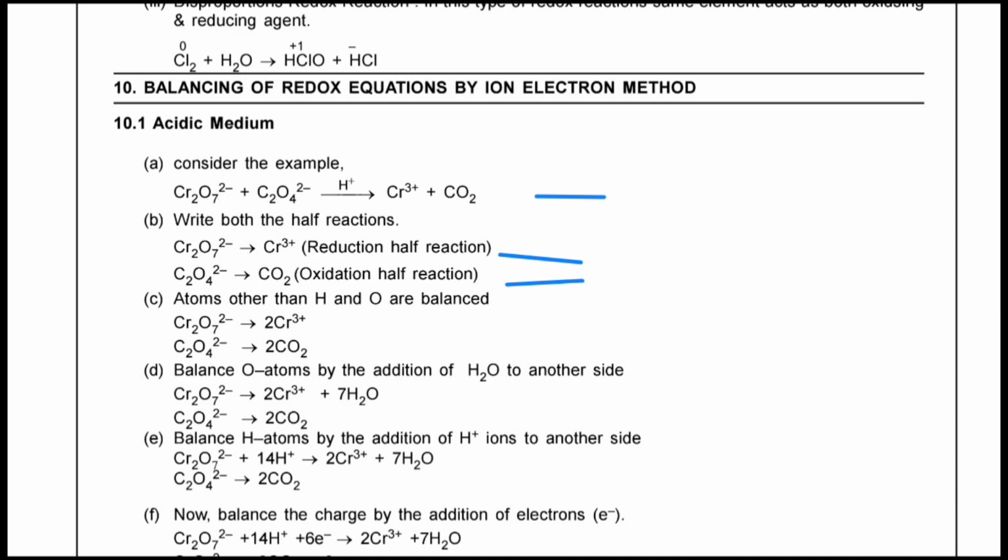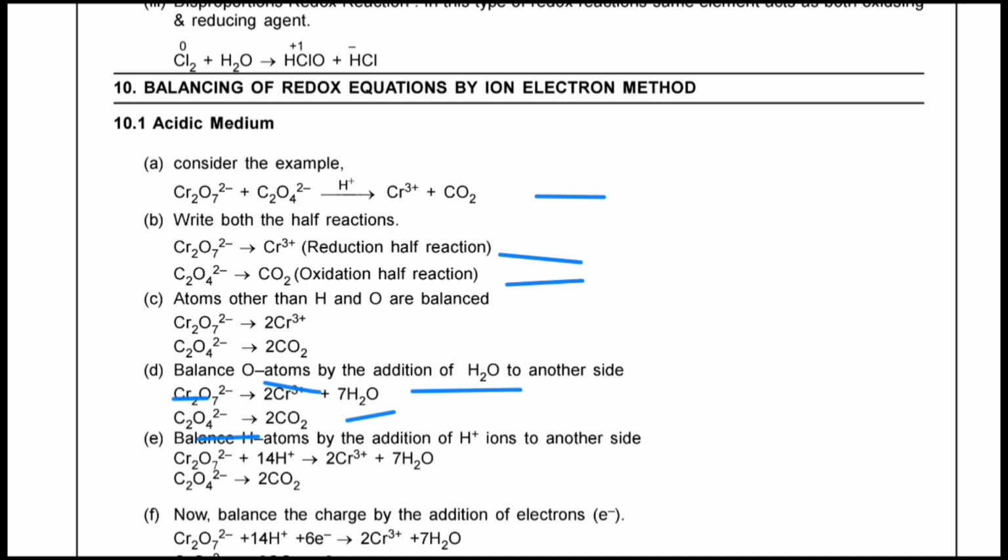For balancing oxygen atoms, we add H2O on the side where oxygen is not present. You can see oxygen is balanced in this half reaction: 4 on the left side and 4 on the right side.